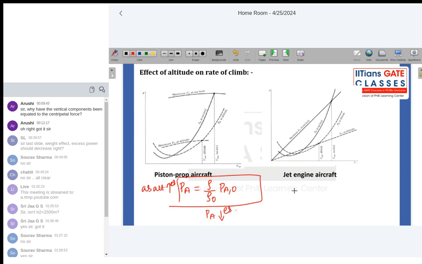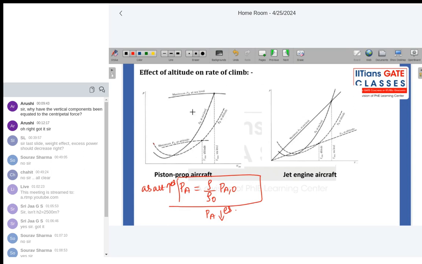And as altitude increases, power required increases because the velocity required to achieve this lift will be more. So power required will be more. This dotted line indicates it is at a higher altitude. This solid line indicates it is at sea level.